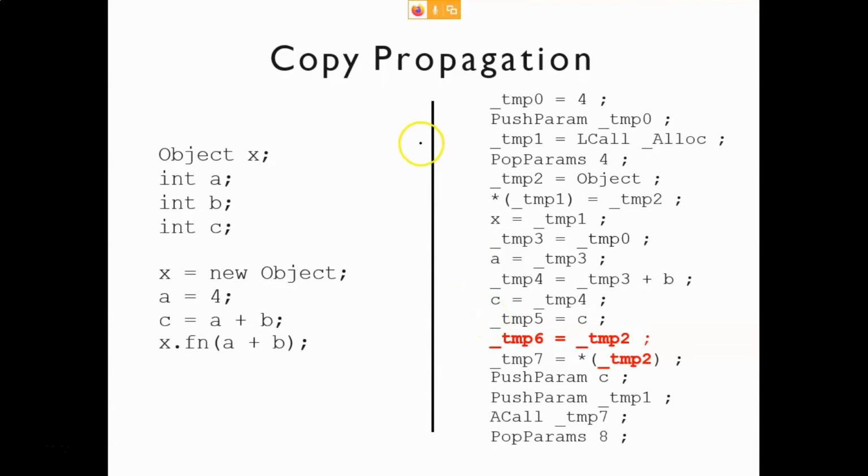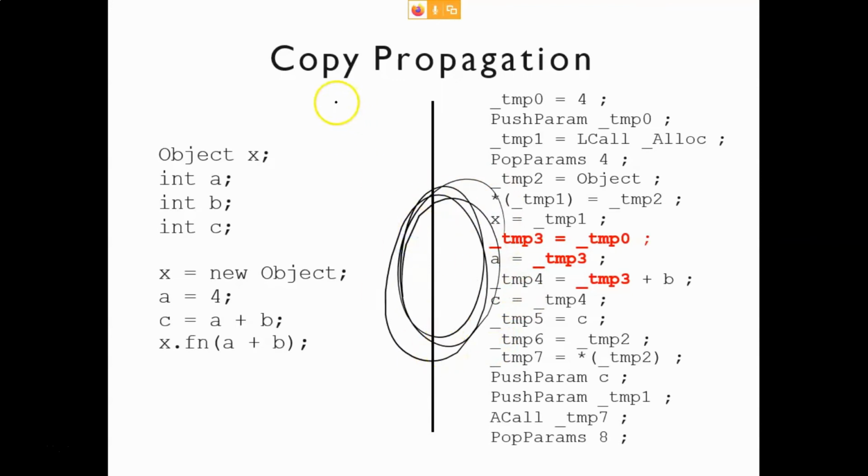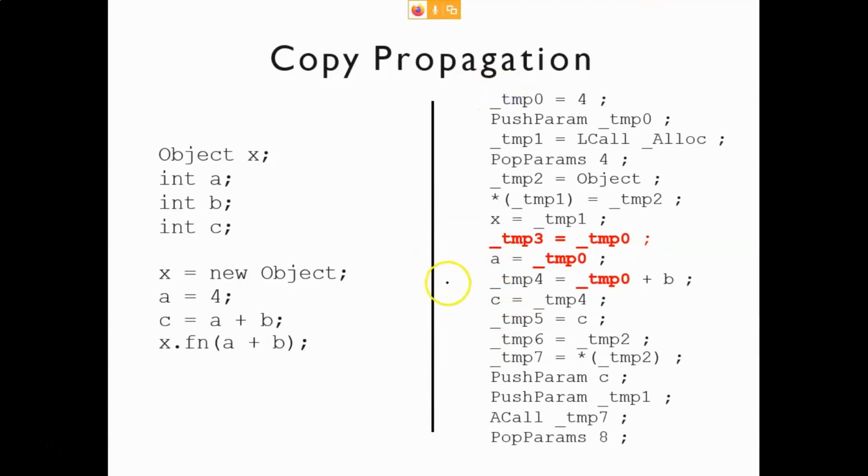Now let's see the formal definition of copy propagation. All these are many examples. He is doing copy propagation again and again, repeating the same procedure. Like this temp0 you are assigning to temp3, so you can replace this temp3 with temp0.